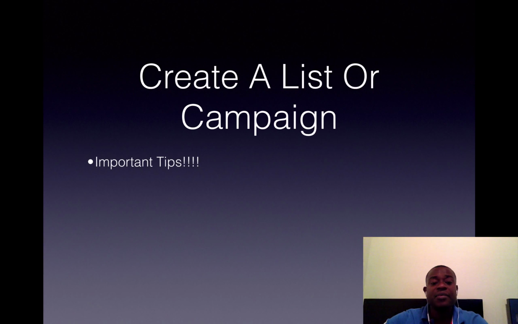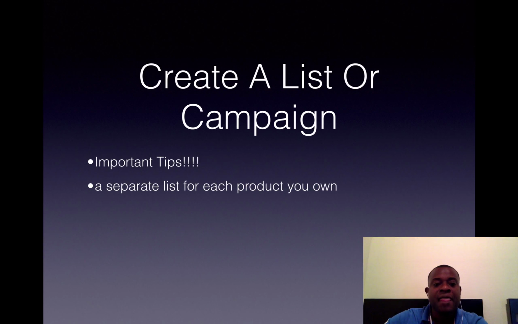So here are some important tips on how to create a list or a campaign. If you have a lot of products, maybe you're in the make money online niche, or maybe you're growing giant tomatoes, or maybe you're teaching people how to get a date, you want to have separate lists for every product that you own.